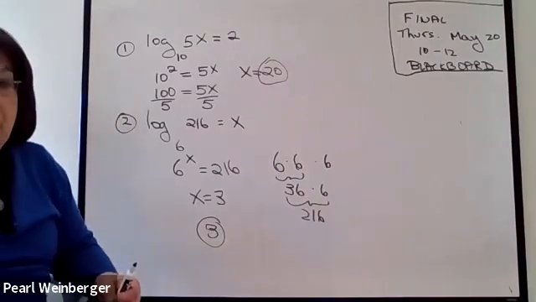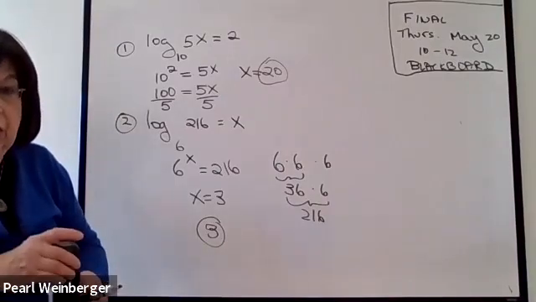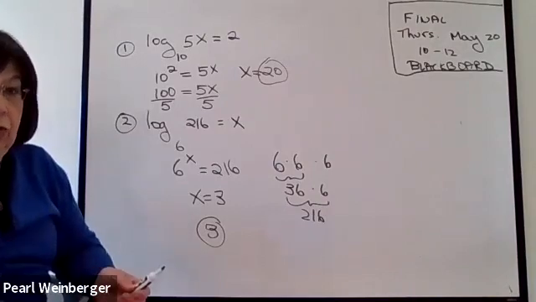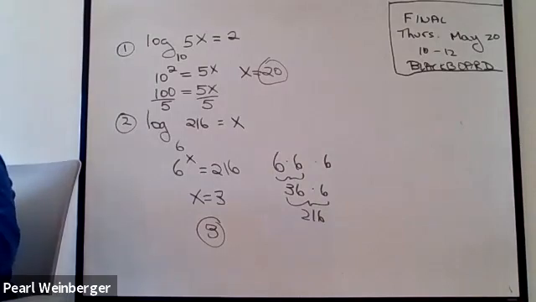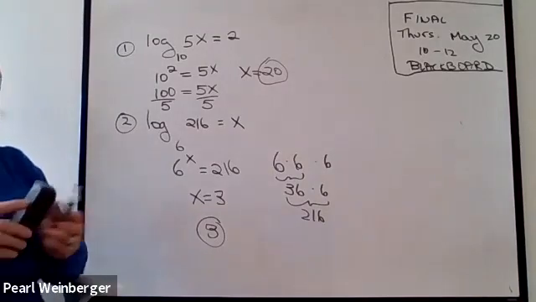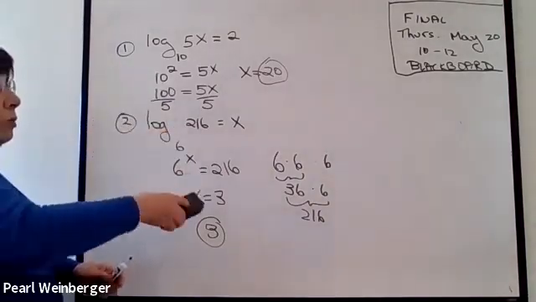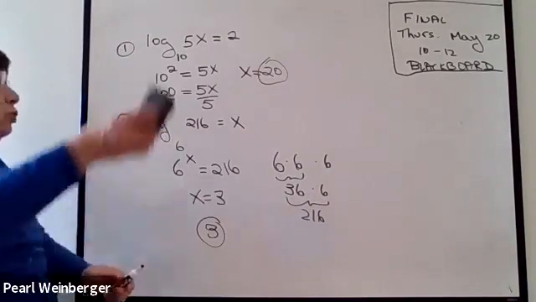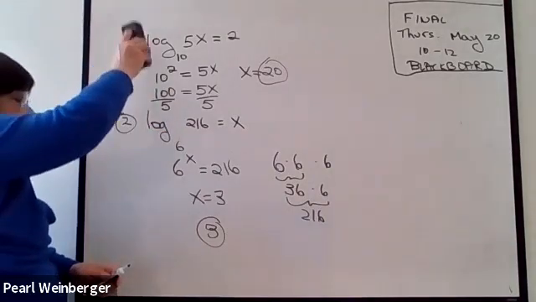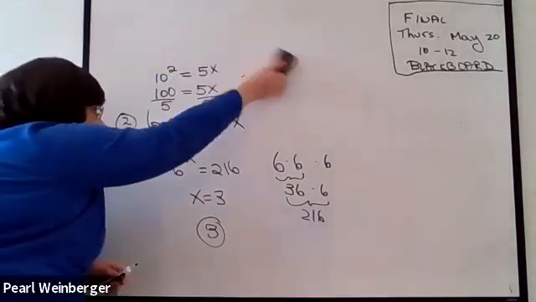There is one other type of question I'd like to go over with you in terms of logs. These were all log equations; now we have an exponential equation. So I'm going to erase this.